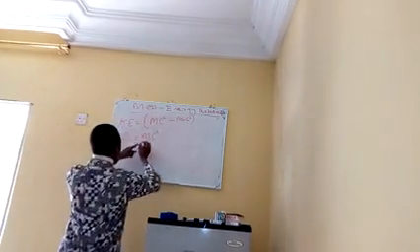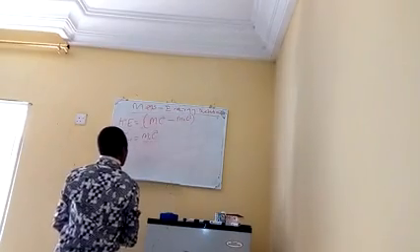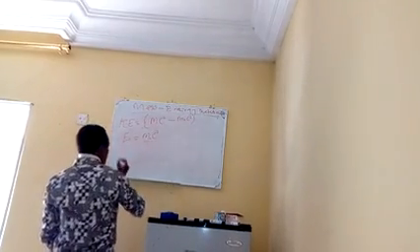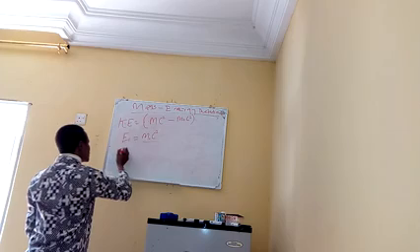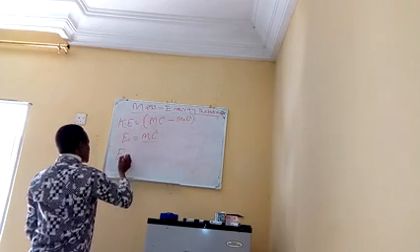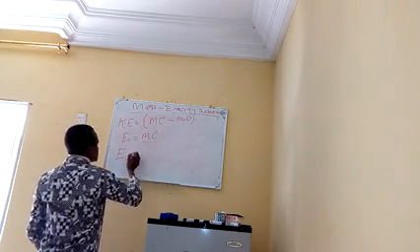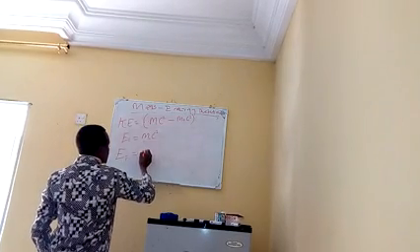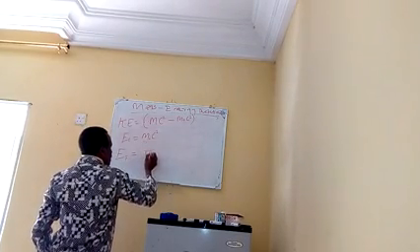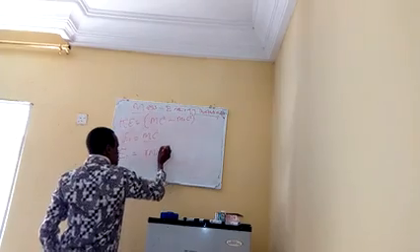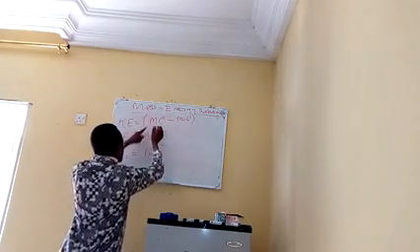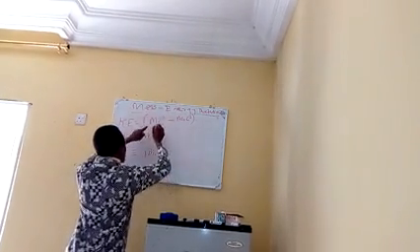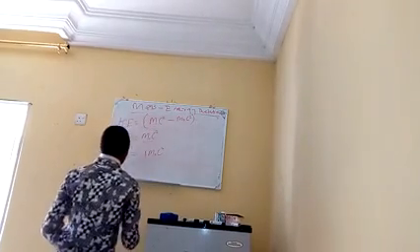And when the object is moving, then the total energy of the object, E total, is equal to gamma m naught c squared, where gamma will change m naught to m, so E equals m c squared.